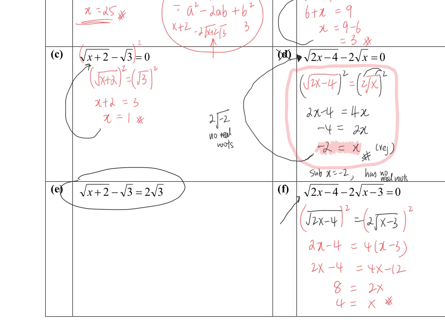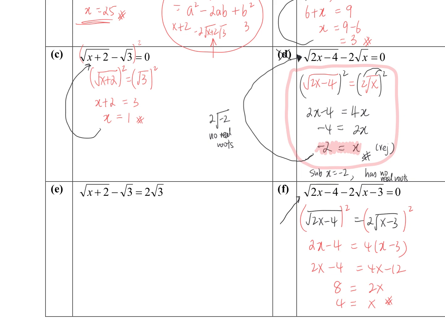Okay, always sub back and check. So in the situation where we have 3 square roots here, what do we have to do? Normally, you will have to square the expression twice to finally get there.